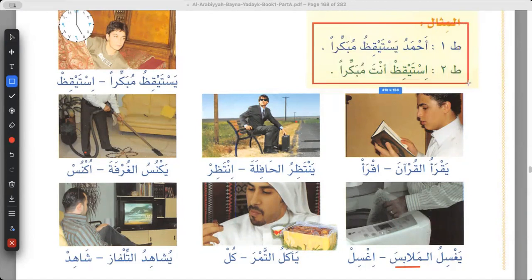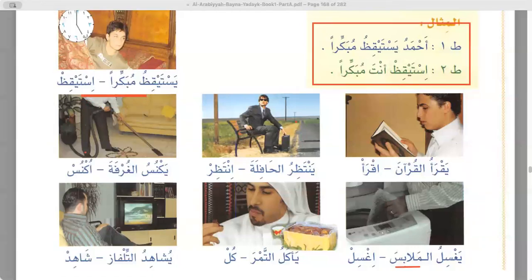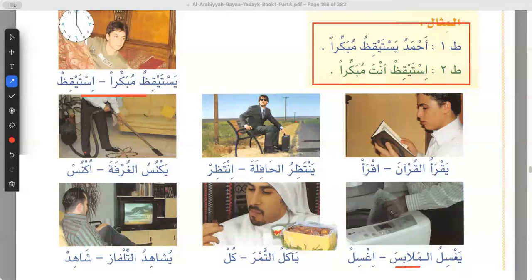You know, we are forming these sentences from the picture and the expressions you have there. If you look at the watch, that is 5 o'clock, and that is early enough. So, Ahmadu yastayqidhu mubakkiran.